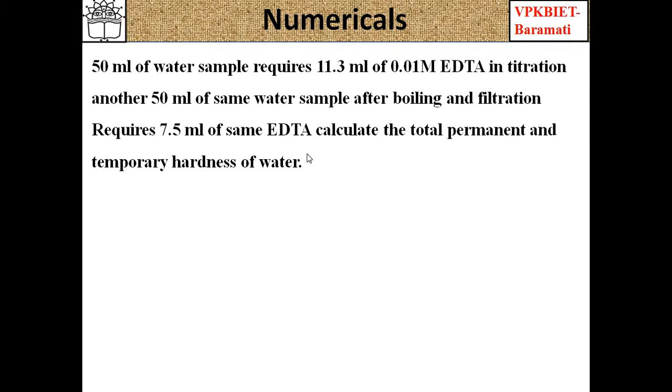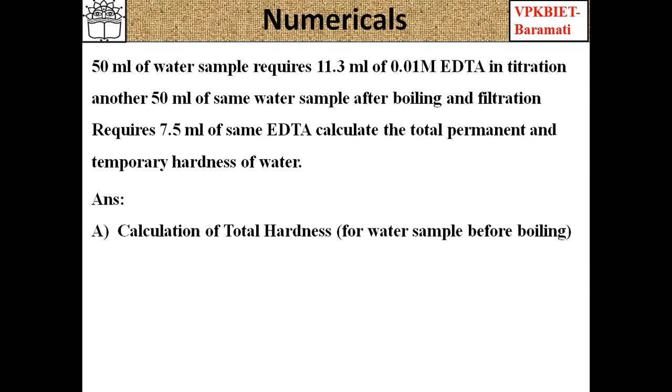From this we have to calculate the total hardness, permanent hardness and temporary hardness of the water sample. First, we have to calculate part 1, that is the calculation of the total hardness of water.